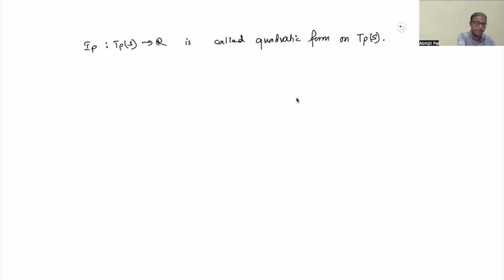Now let us take a surface patch in S, and with respect to that surface patch, we'll find an expression for this first fundamental form.